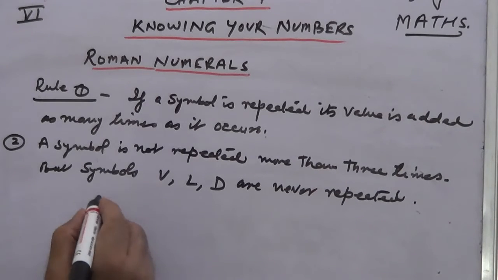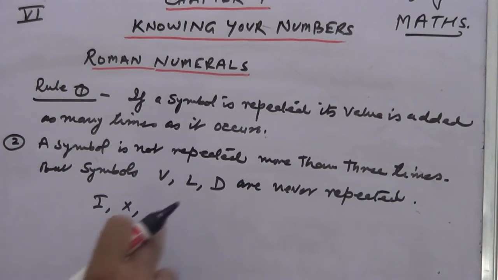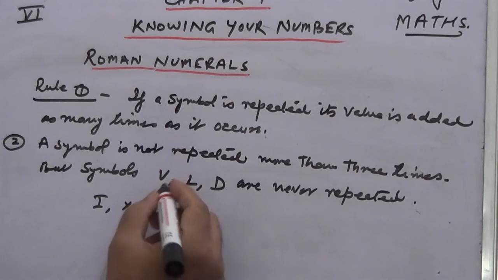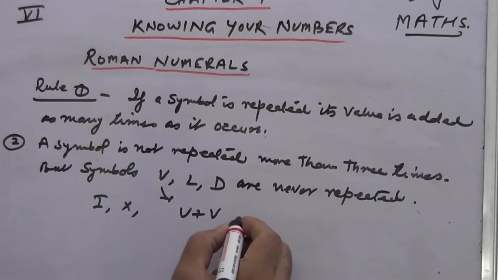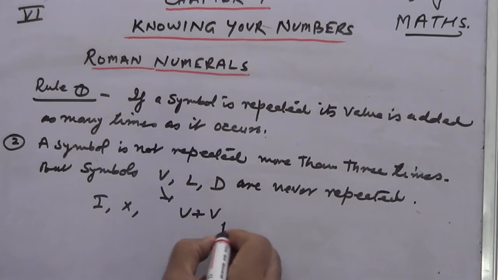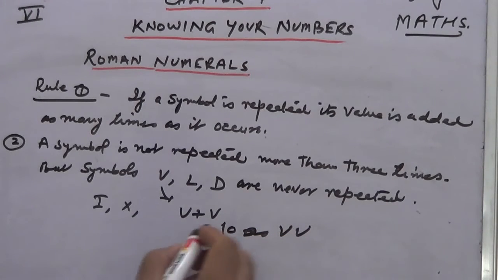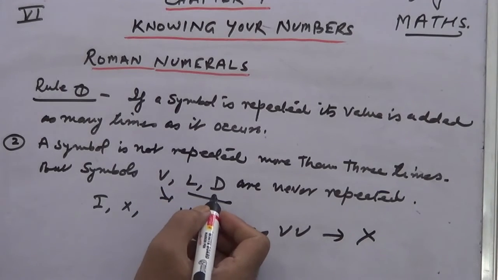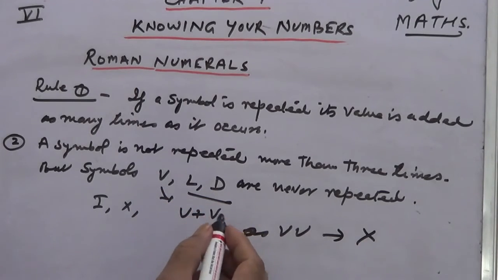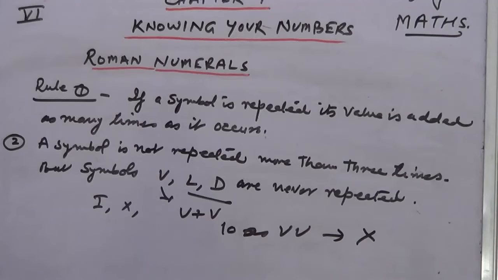You can repeat I and X but only thrice, but we cannot repeat this number 5. We cannot write 10 as two fives, no, the symbol for 10 is separate, that is X. So these are not repeated, and L represents 50, 50 will never be repeated, D represents 500, it will also not be repeated.